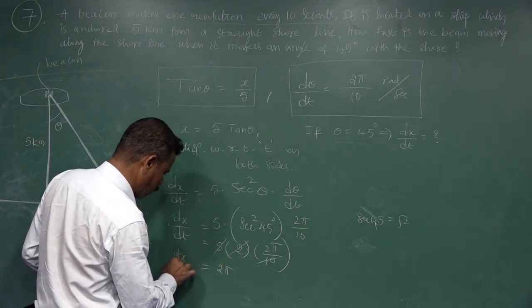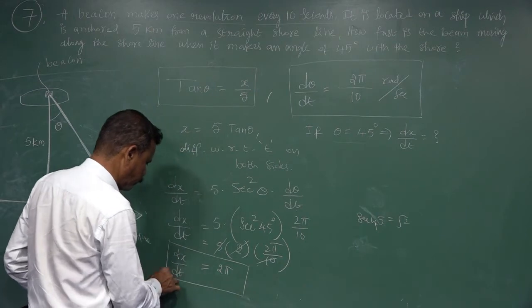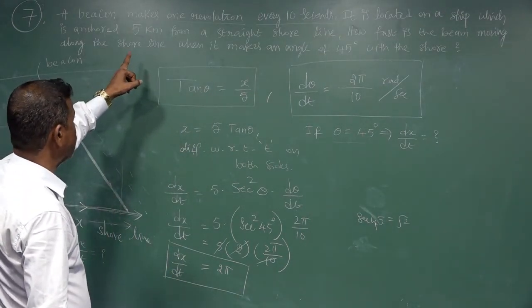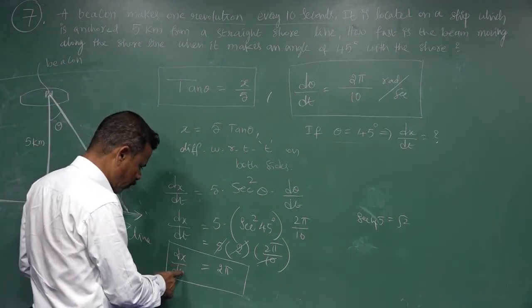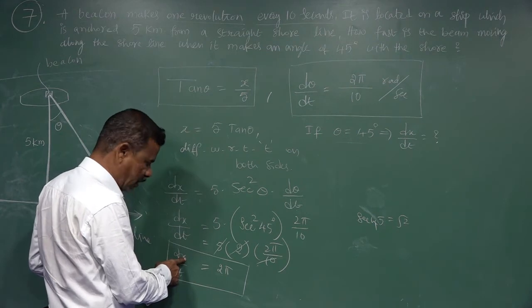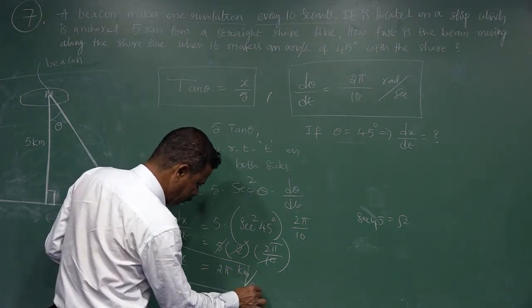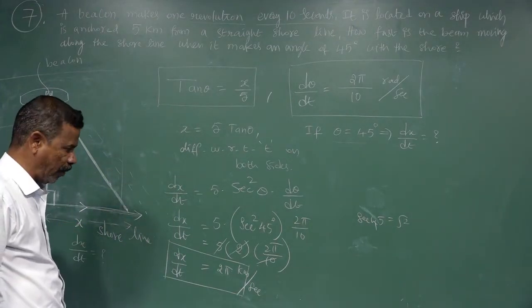This is dx by dt. Here distance is in kilometers and time in seconds, so the beam rate of change is 2 pi kilometers per second.